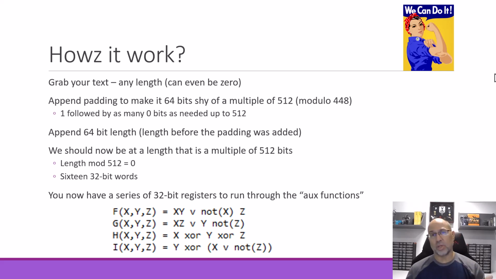And then what you're going to do is append a 64-bit length of the message before it was padded. And so that gives you 512. Now another way to look at 512 bits is that you have 16 32-bit words or 16 4-byte words, and so at the end your length modulo 512 equals 0.